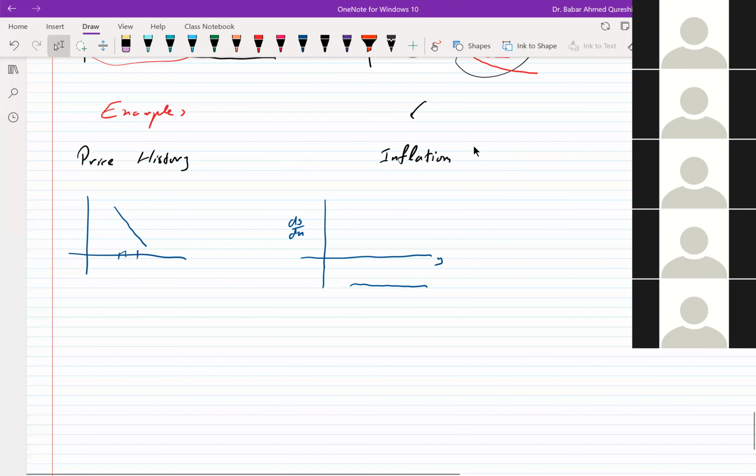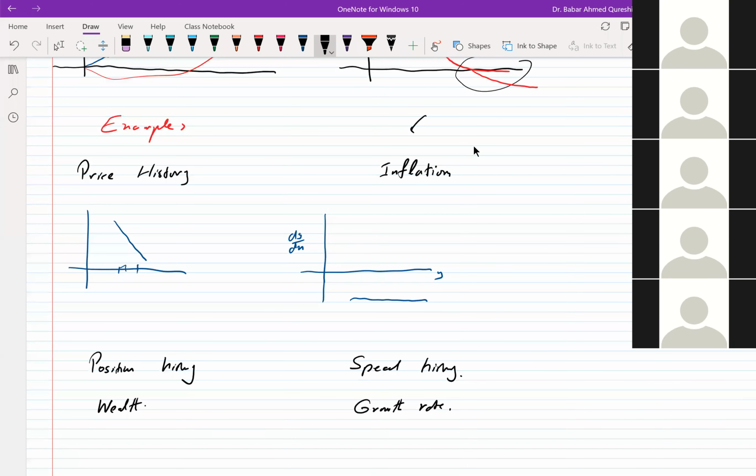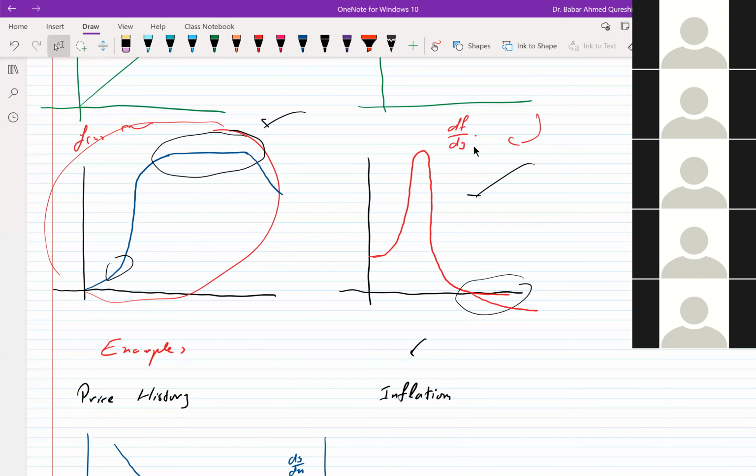And similarly, other examples could be, from what we did yesterday, you have a position history of a car and you can give the speed history. You could have wealth and you have growth rate. Again, GDP is different from GDP growth rate.